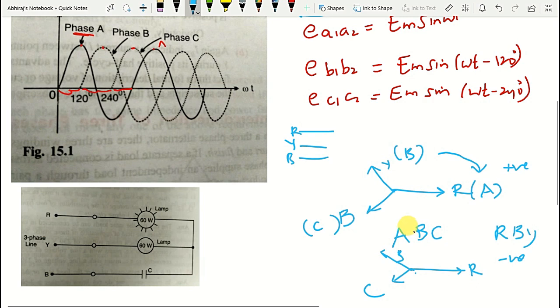Now let us come to the question: how will you determine the phase sequence of a three-phase line?